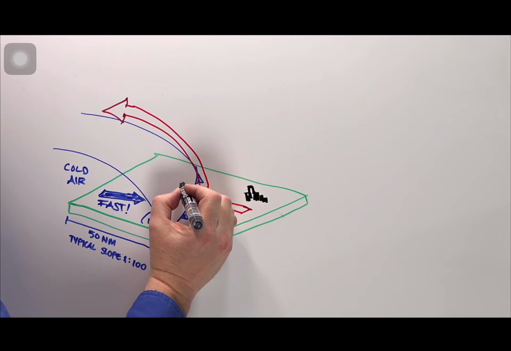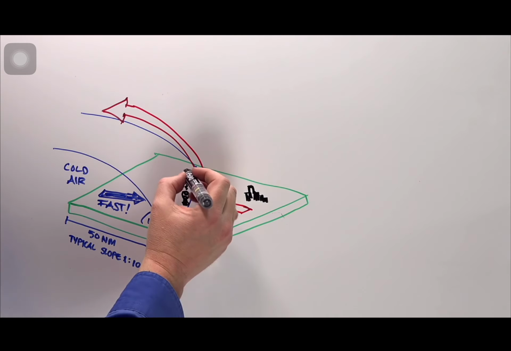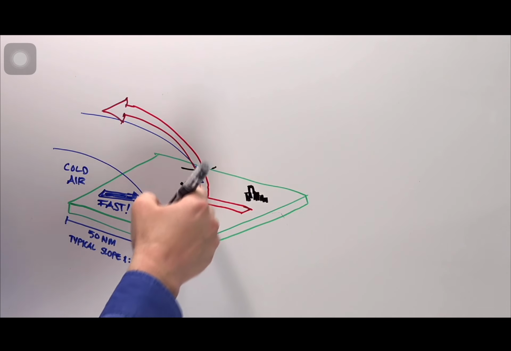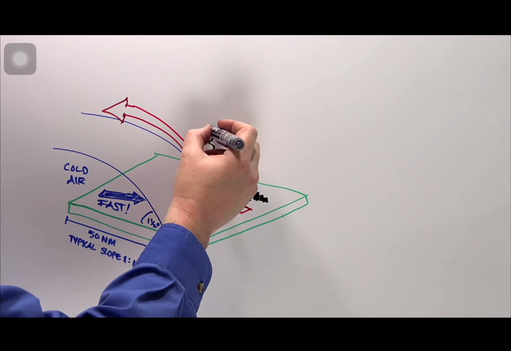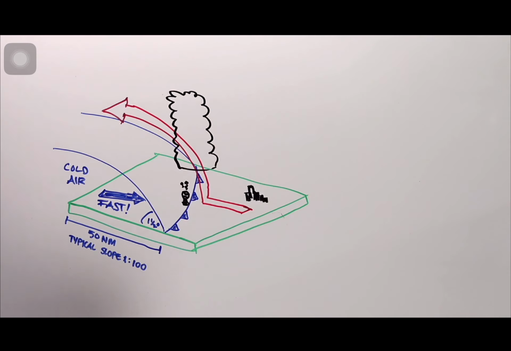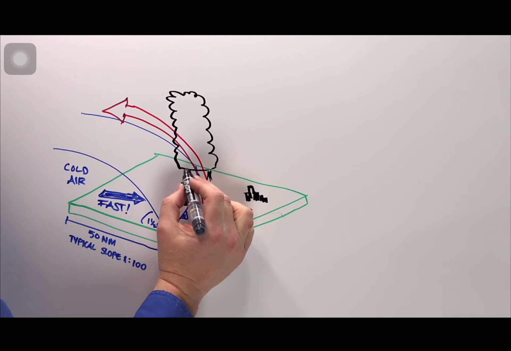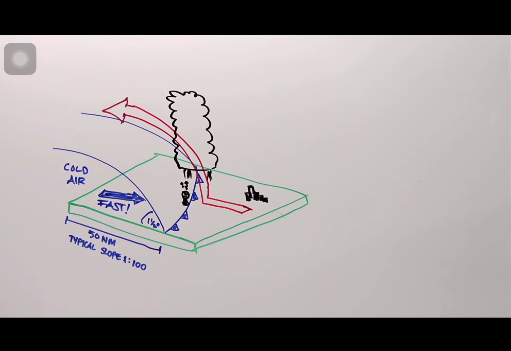So I'm going to go up incredibly fast. What this will do, right in here, along the entire edge of the front, is create potentially very, very big, tall clouds. And those clouds are maybe even going to start to pour some pretty heavy rain.